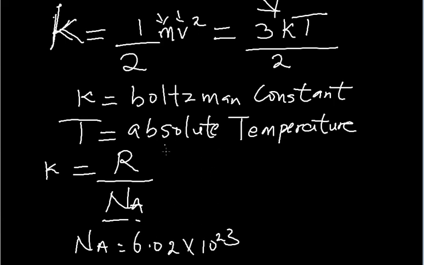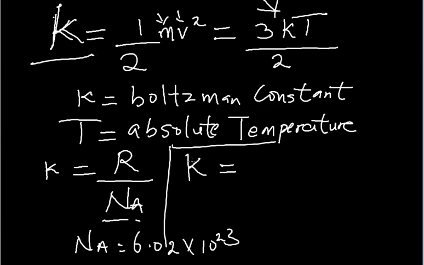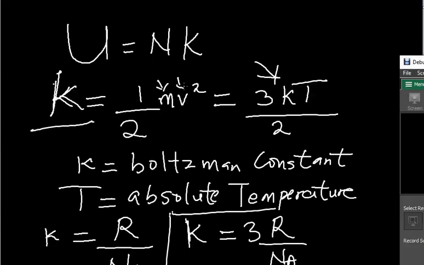Now, with what I have here, I can rewrite the formula for translational kinetic energy, capital letter K, to be equal to 3 multiplied by k, which of course is R all over NA.